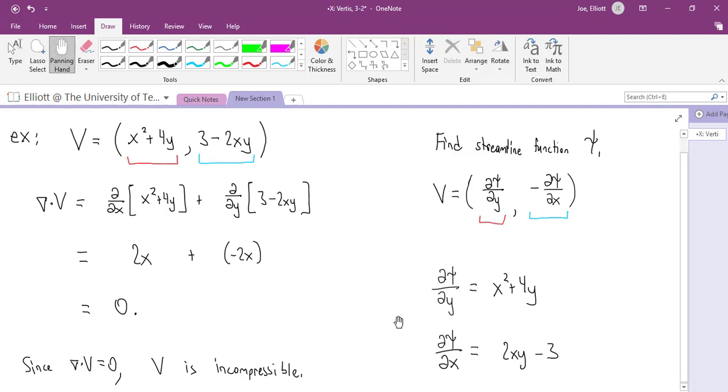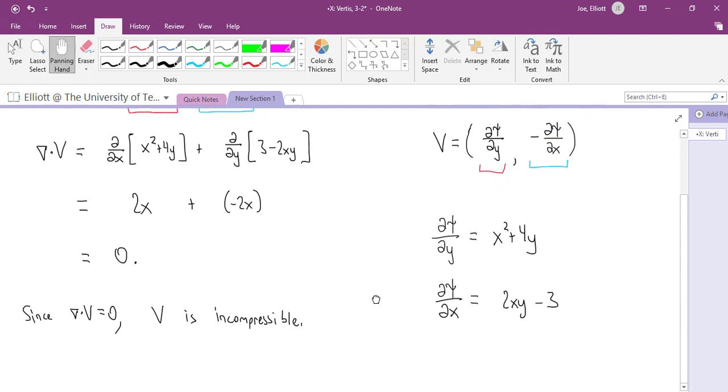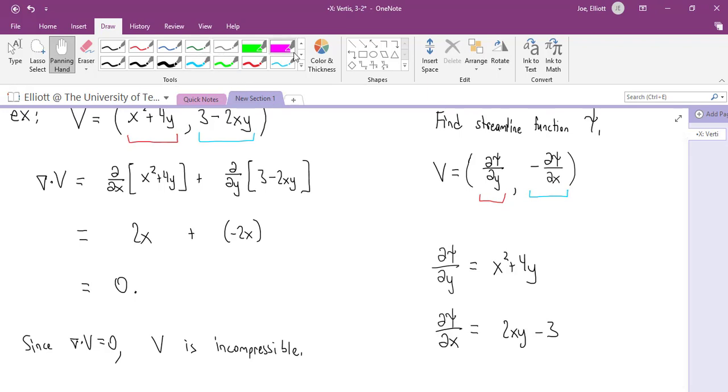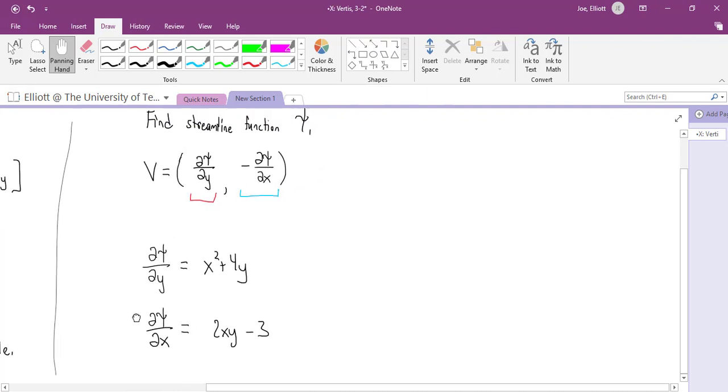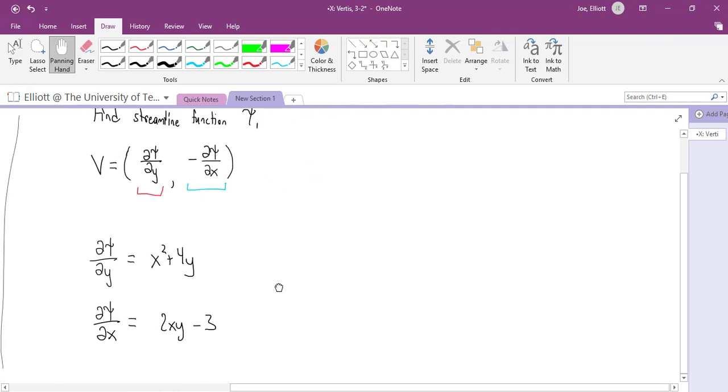Okay. So now what we want to do is we want to use these two equations to find our streamline function.